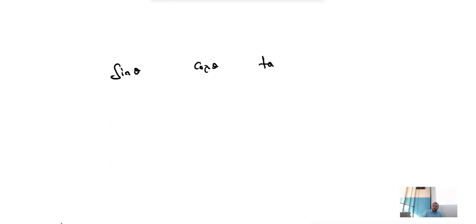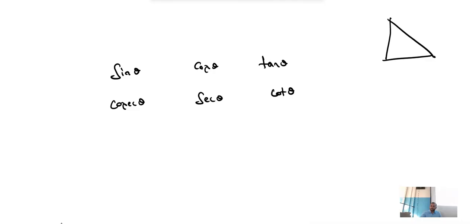Now come to the point. As we have sin theta, cos theta, tan theta, cosecant theta, secant theta, and cot theta, let me take the basic right angle, 90 degree, acute angle, ABC, theta is the acute angle. This is hypotenuse, this is opposite, and this is adjacent side.